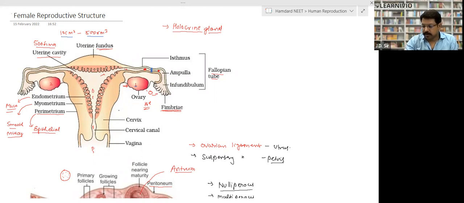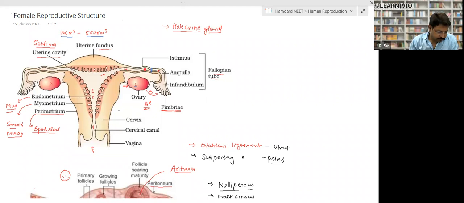The female reproductive system consists of a pair of ovaries, comma, a pair of fallopian tubes, in brackets, also called oviducts, bracket closed, comma, uterus, comma, vagina, comma, external genitals, and breasts. Full stop.